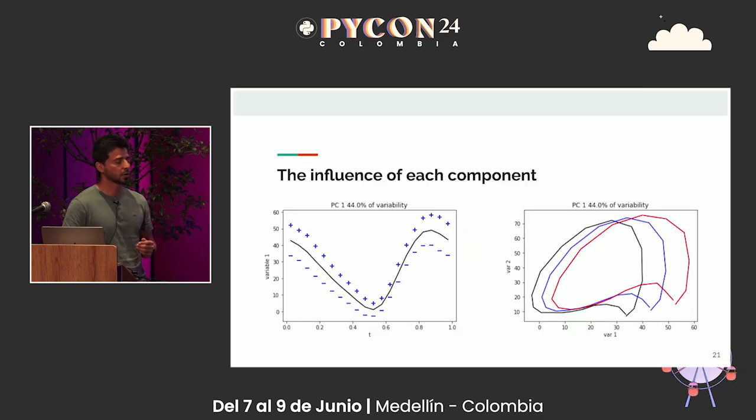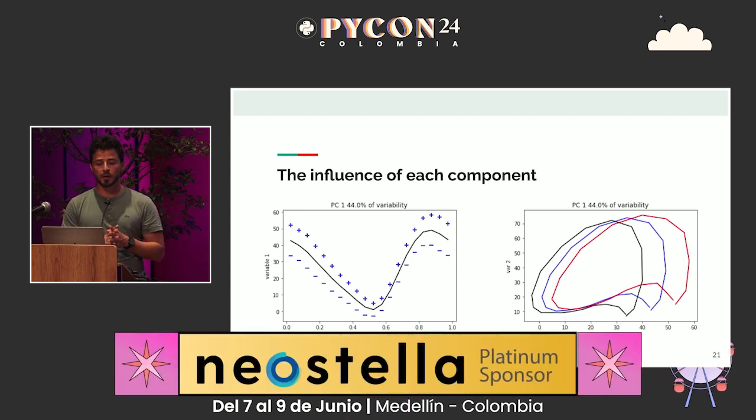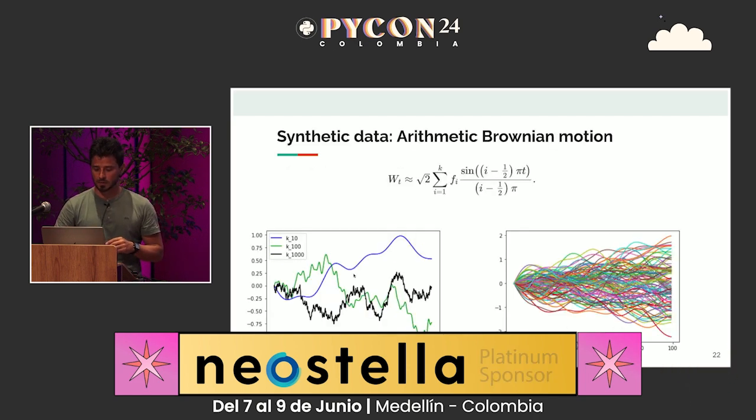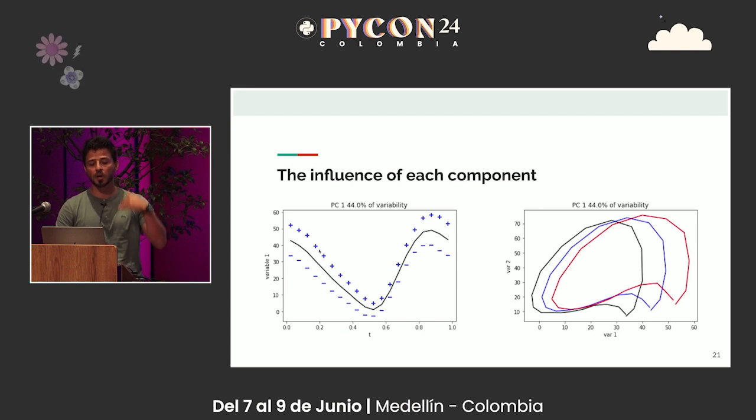And also, you can plot more interesting things, that is to see the variation of one of the principal components around the mean curve. Here the plus is the mean curve plus the first component of this variable. I think that here is the knee. And the minus is just subtracting that component from the mean. And also you can plot in a multivariate way where you can see the cycle of walking and that it is close, and how each of the components gives variation to the way people walk.